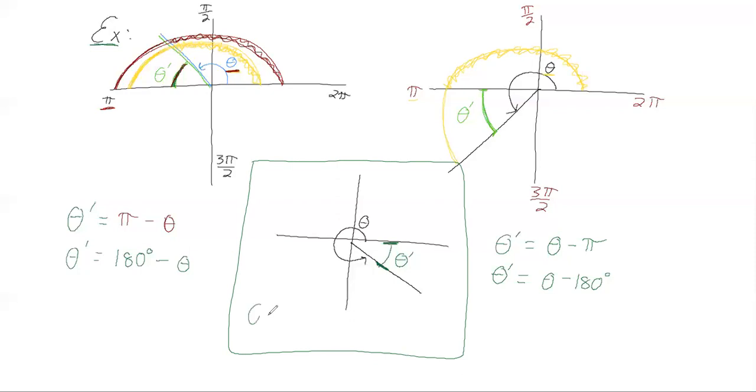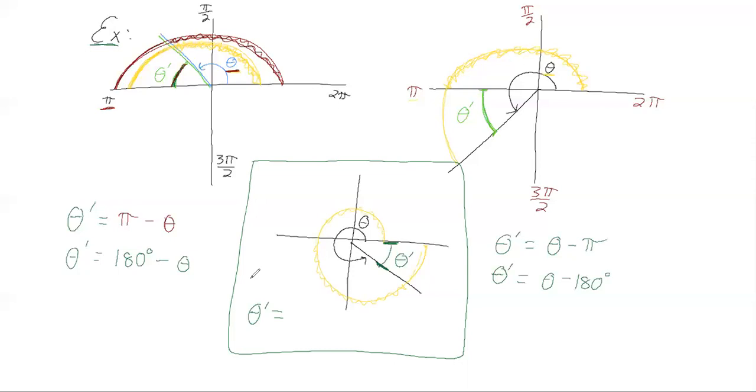All right, so let's see. Theta prime in radians. Let's see what that would be. Okay, so if I go around that much, that's what? 2 pi radians, right? But what if I take away this amount?